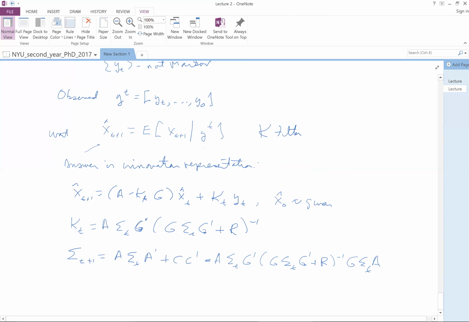The formula where sigma t, very useful, is the covariance matrix of xt around its best estimate.